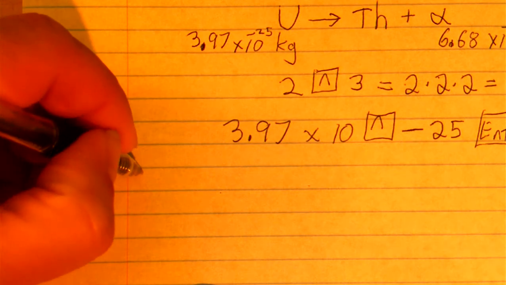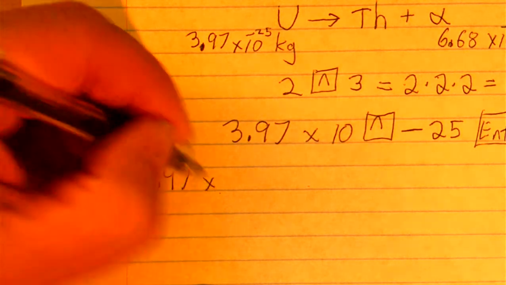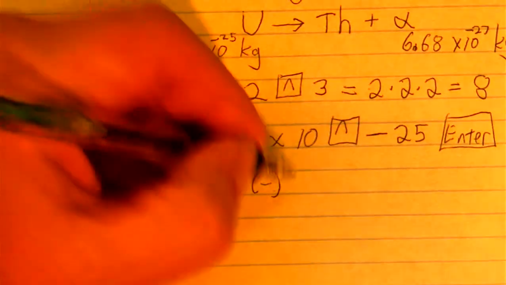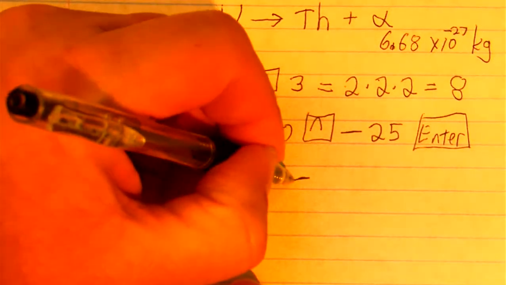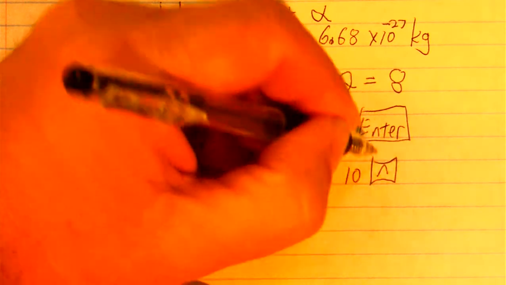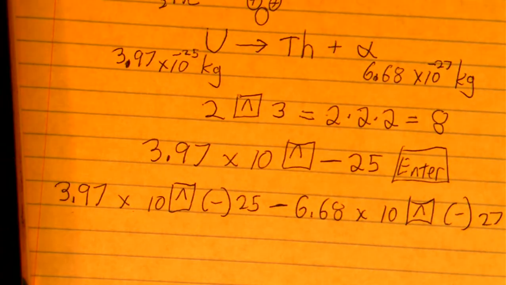I'm going to type in the mass of uranium, 3.97 times 10 caret, exchange key, 25, and please, this is the wrong way of doing it, minus 6.68 times 10 caret, exchange key, 27, enter. I don't know what it's going to say. I know what the right answer is. I don't know if this thing would actually work.